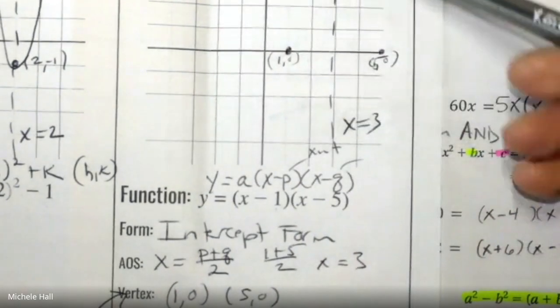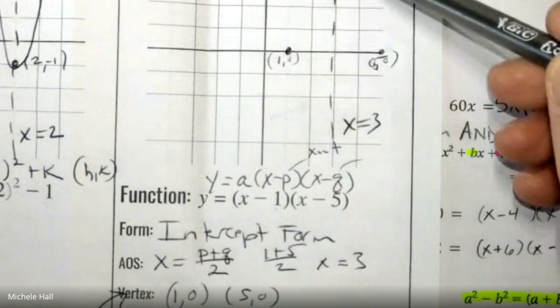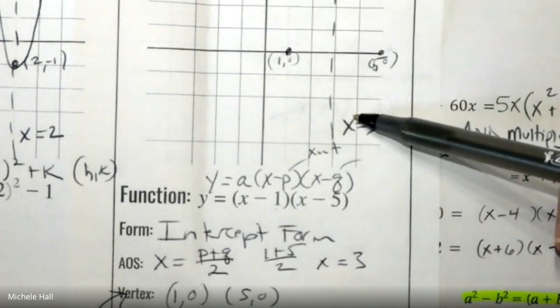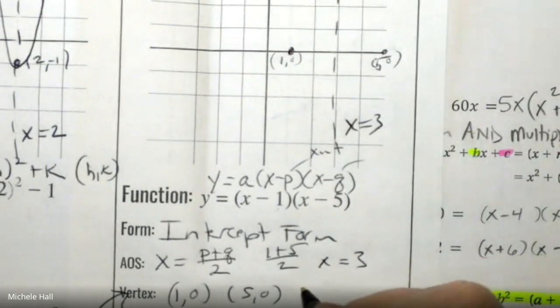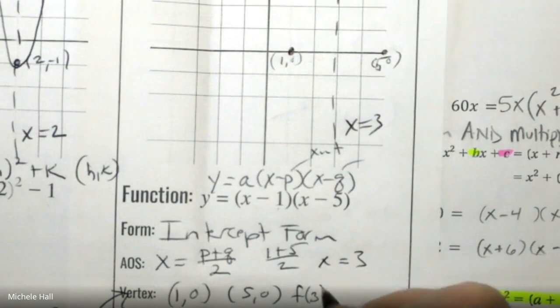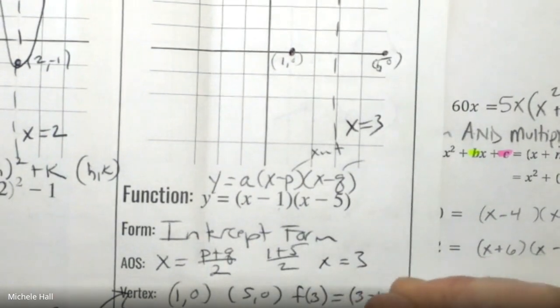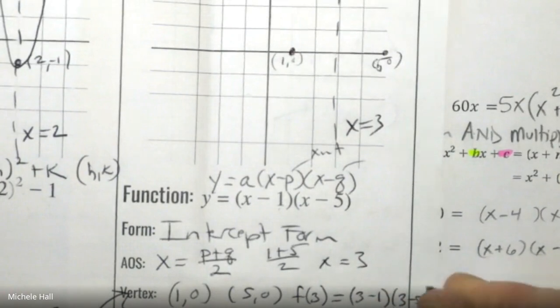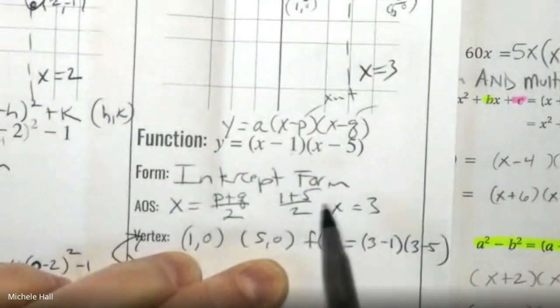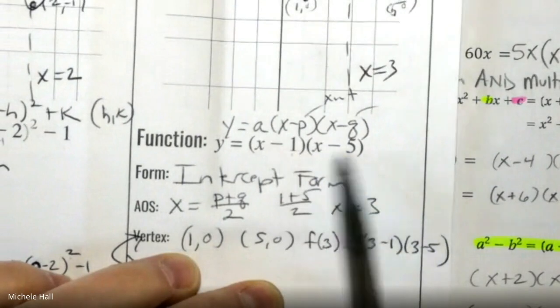Now I would find my vertex because I know my vertex lands exactly on the AOS. And so the vertex, I am looking for f of 3. When x is 3, what am I going to get? So I have 3 minus 1, 3 minus 5 from the original equation, just substituting in 3.